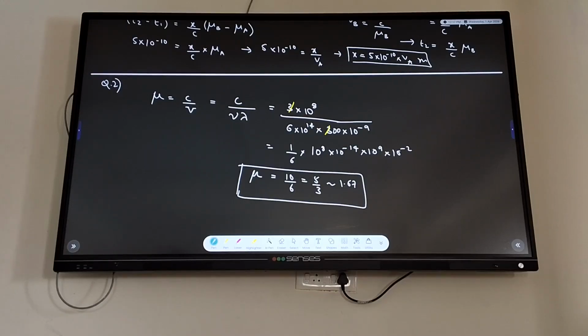Tell me. X is given to be 20. 20 is given.